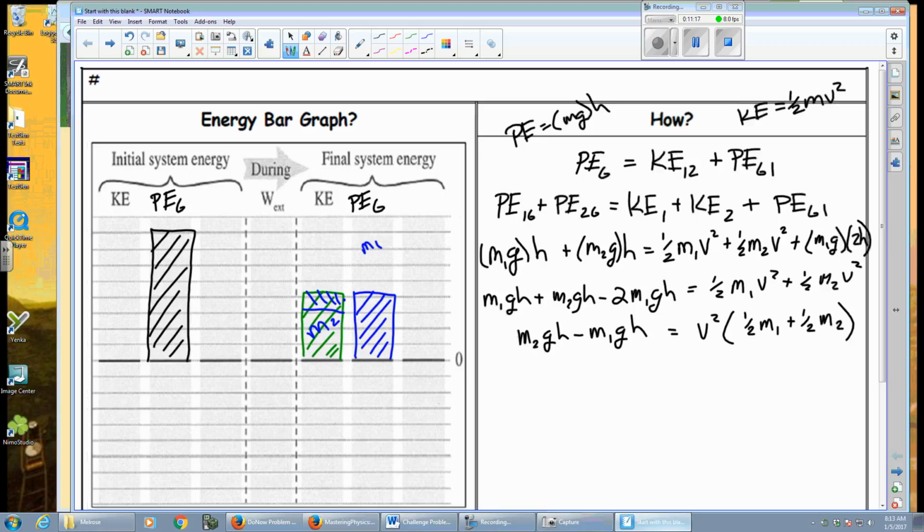Yep, so now I'm going to further isolate V, right? I'm actually going to do two steps at once. 2H times M2 minus M1 all over M1 plus M2 equals V squared.